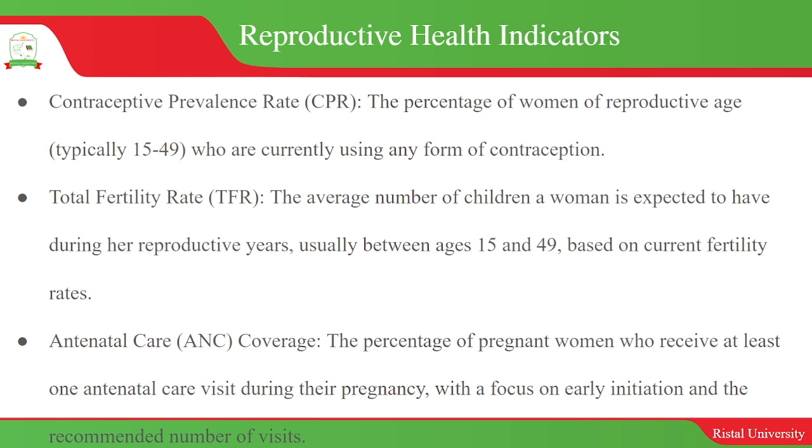One of the reasons why you really need to understand these reproductive health indicators is for monitoring and evaluation. So if you're going to have a reproductive health intervention, let us say an intervention focusing on increasing access to family planning methods, you'll have specific indicators for that intervention.